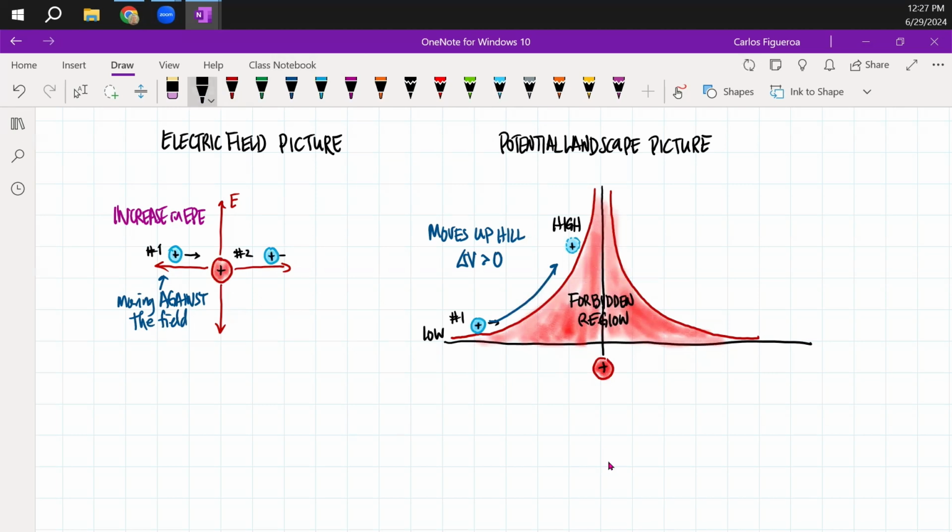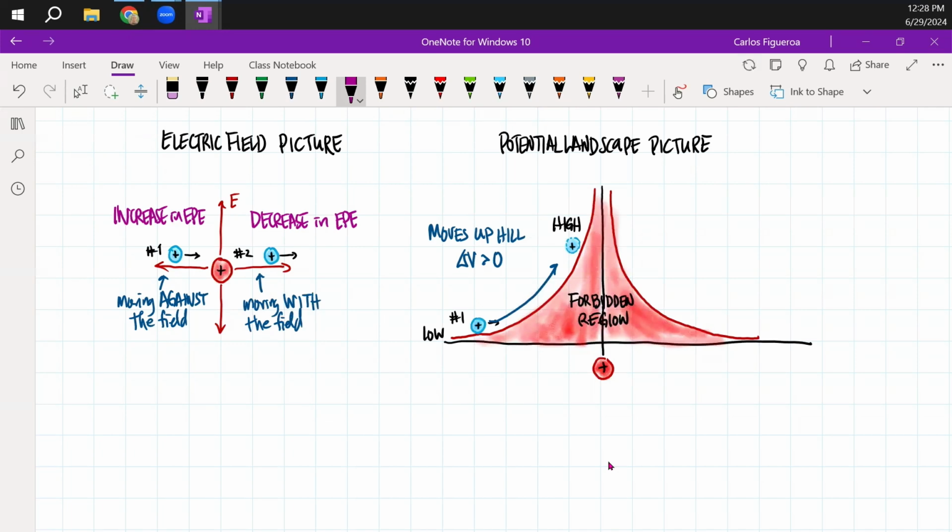And so what we know here is that this guy is moving with the field, and we know that this must be a decrease in electrical potential energy.